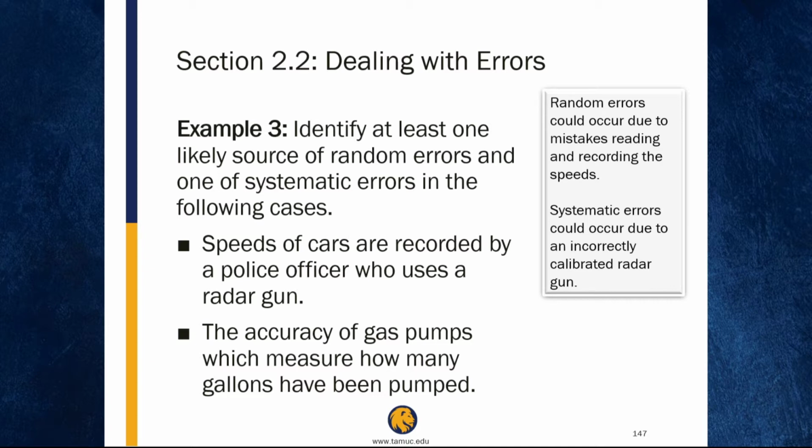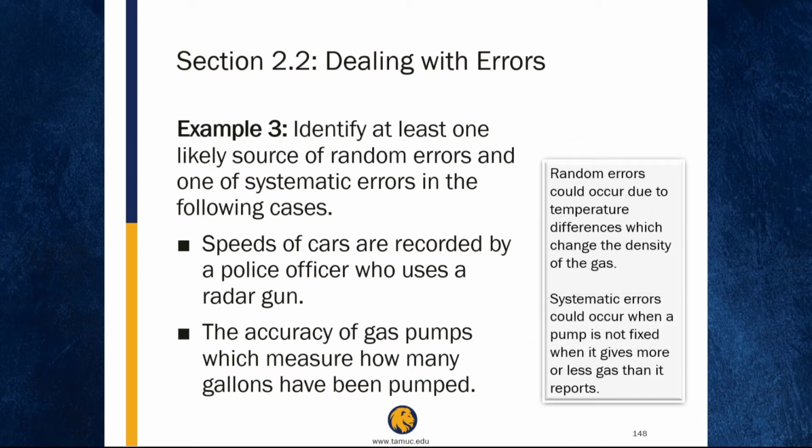Now, in the next case with a gas pump, a random error, just one that could possibly occur, is that temperature would actually affect the density of the gas. So if you pump gas when it's colder, you might get a little bit more than it reads, or vice versa. And that can be random depending on the temperature. Systematic errors could occur, however, when a pump is not fixed and gives more or less gas than it actually reports.